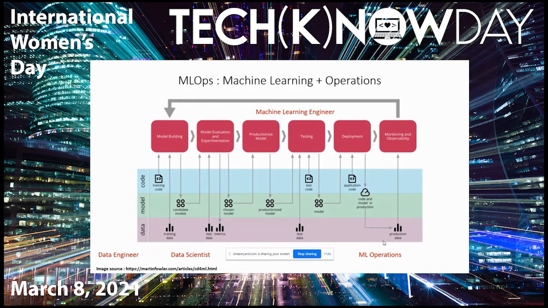So you will end up versioning the data as well. For a certain piece of code, you might be using version 1 of training data. The next time you may tweak some code in the training part, then you will end up using version 2 of training data. So you will be maintaining versions of the data as well as code. And once you obtain the candidate models, like you do experimentation and you figure out, okay, there are n models for this particular use case, then you figure out which model is better by using your test data.